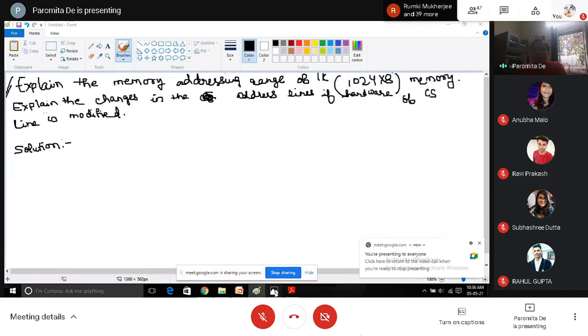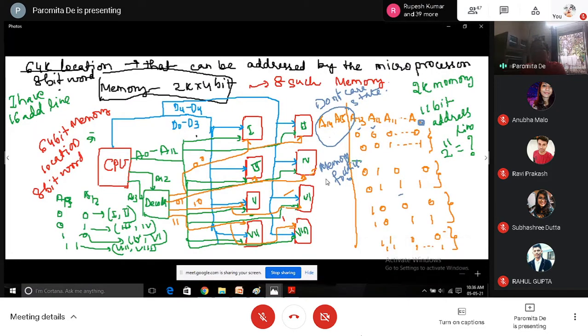Okay. So here we had seen that we had taken till A11, and then A12, A13. For A13, A12 equal to 00, we are addressing 1 and 2. For A12 1, A13 0, in that situation we are addressing 3 and 4. For 1, 0, we are addressing 5, 6.